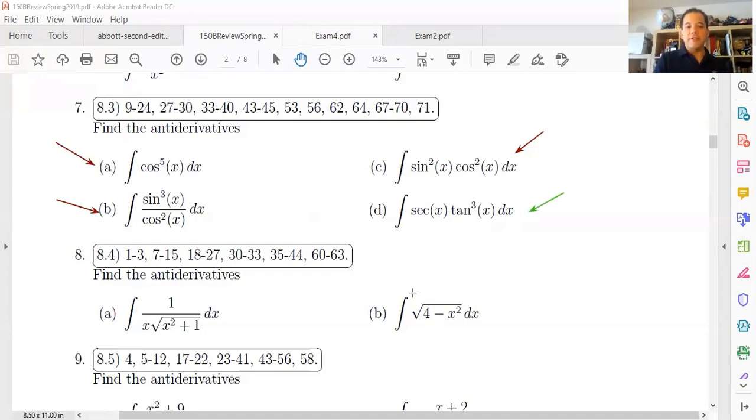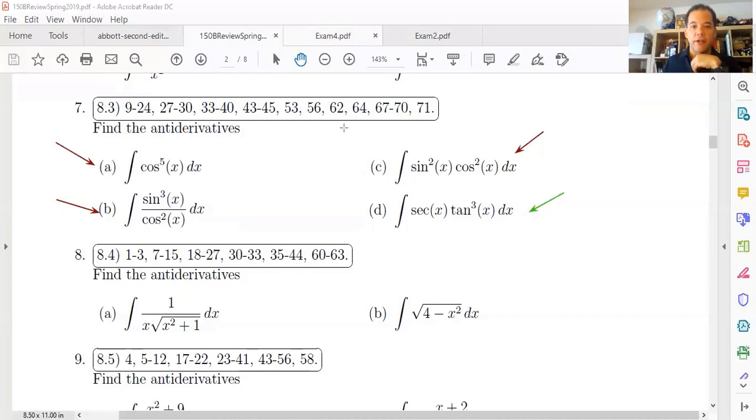Now, if you have sines and cosines, there are 2 particular ones. You have easy ones where one of them is odd. Those are the preferred ones. So if one of the sines or the cosines that appears in the numerator, in the top of the fraction, is odd, we're in business, right? So those are easier.